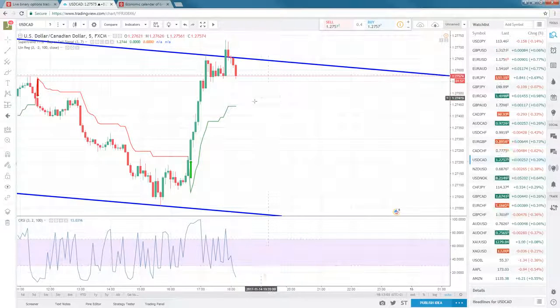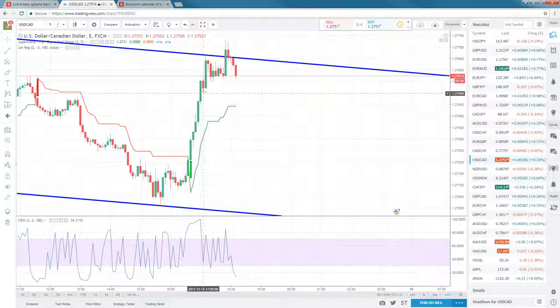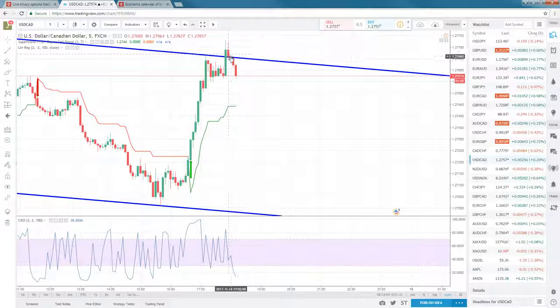It could be nice to start a trade here around 5 minutes ago, because the price started to change its direction, and it started to decrease after crossing the regression line.